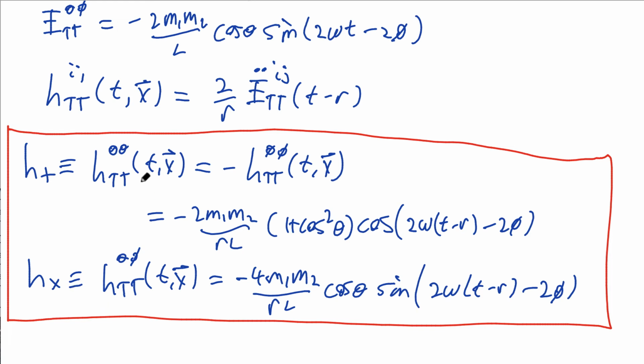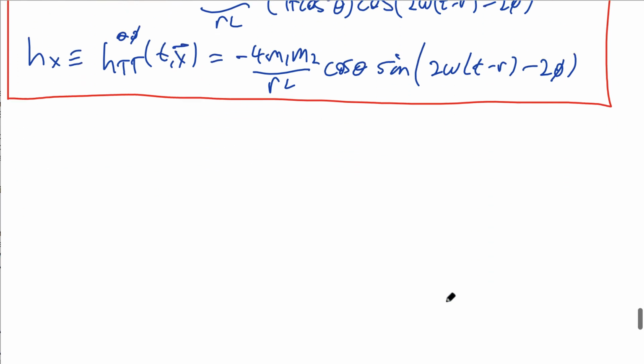The relative strength of these two polarizations depends on the observation angle theta. Note that the waves are strongest along the z-axis where theta equals 0 and pi. These are the directions perpendicular to the orbital plane. The wave emission is weakest in the orbital plane where theta equals pi over 2. In fact, the cross polarization vanishes in the orbital plane. Also note that the frequency of the gravitational waves is twice the orbital frequency of the two stars.